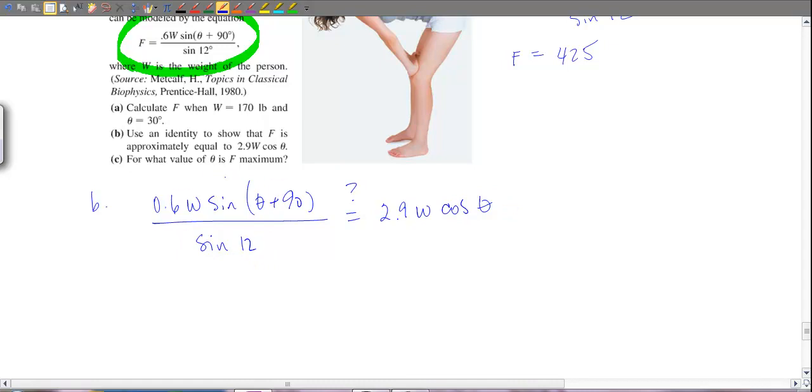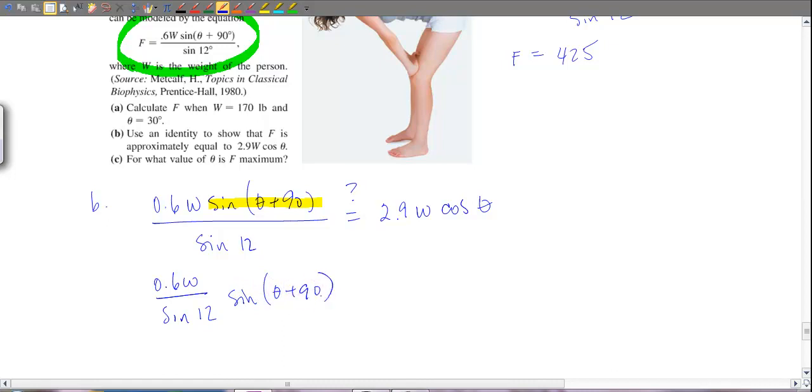We're going to see if we can turn the left-hand side into the right-hand side. Working with the left-hand side, recognize that the sine of theta plus 90 is the sine of the sum of two angles. That's the new identity we're working on today, the sum identity for sine. So I'll isolate this portion: 0.6 W divided by the sine of 12 times the sine of theta plus 90.